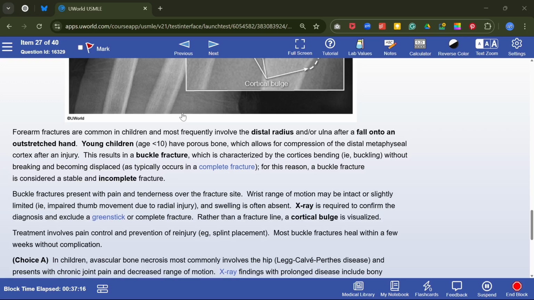Rather than a fracture line, a cortical bulge is visualized. Treatment involves pain control and prevention of re-injury, with splint placement. Most buckle fractures heal within a few weeks without complication.